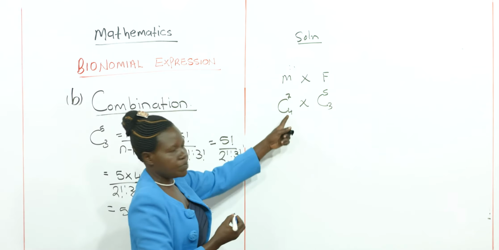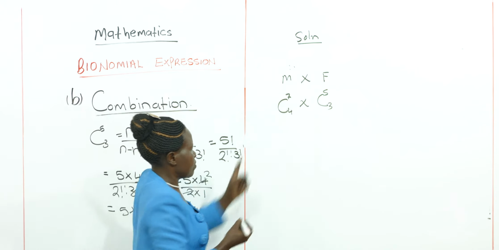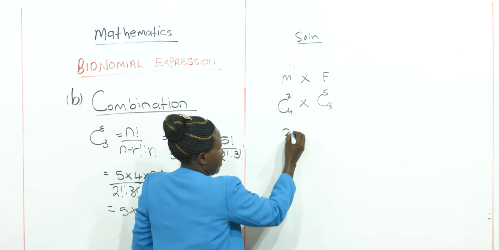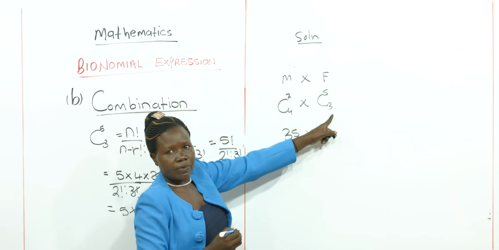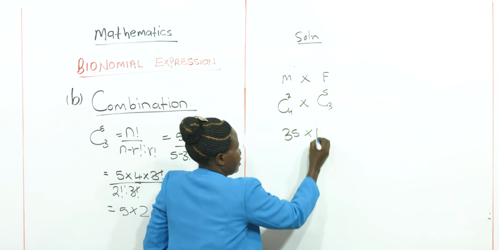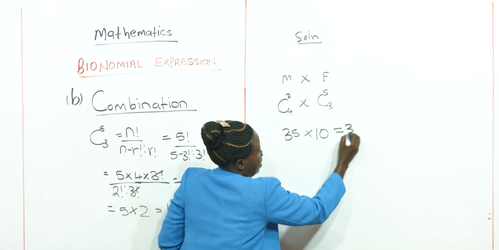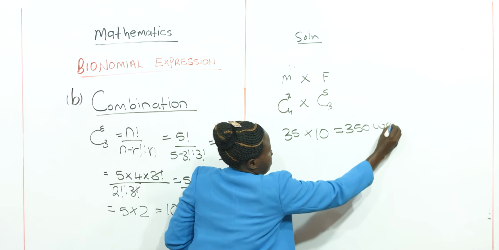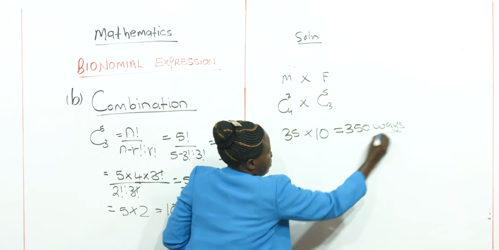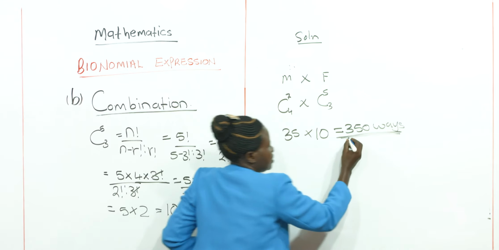So we have already simplified the value of the combination of 7, 4, which is 35. So you say 35 times the combination of 5, 3, which is 10. So our answer will give us 350 ways. This is how the number of ways the selection of this committee are to be done.